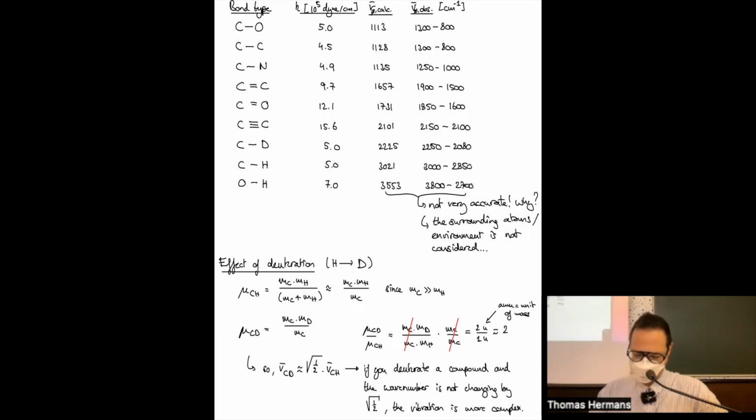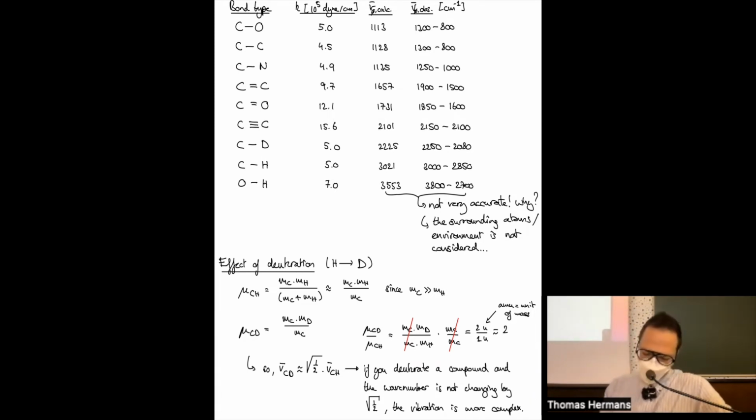So this is 1, and this is also 1. So I have mass of deuterium over mass of hydrogen, and that's 2 amu over 1 amu, right? So that's 2. Okay, so that's what I just said, right? So the mass of deuterium versus hydrogen is a factor 2. So if you put the reduced masses, it's also a factor 2 in this case.